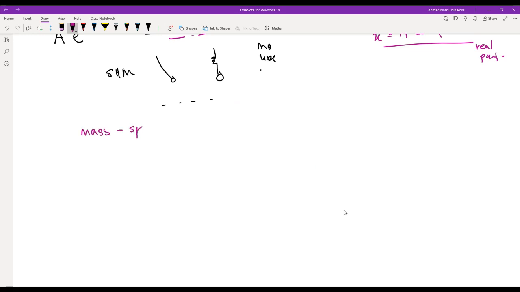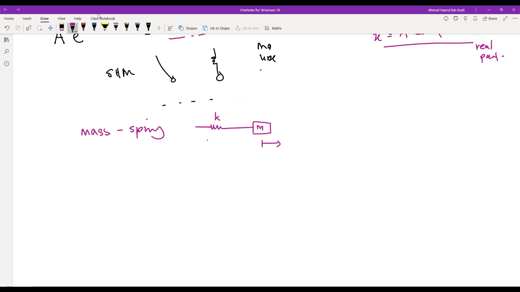Mass spring, okay. They oscillate something like this. We have mass m, and the spring constant will be k.